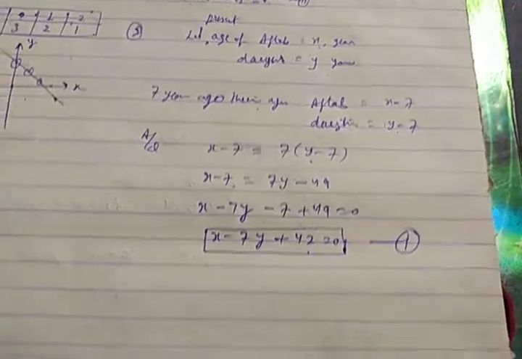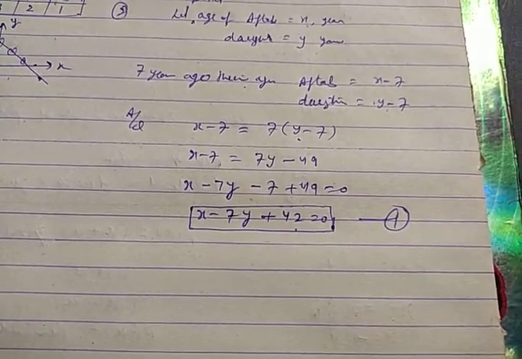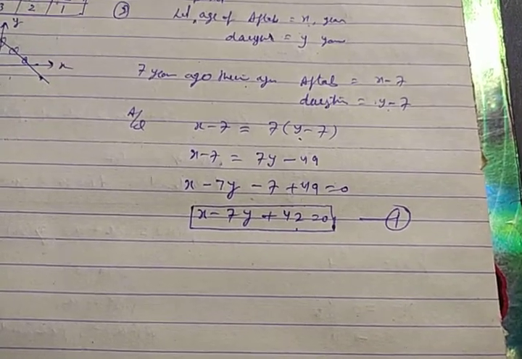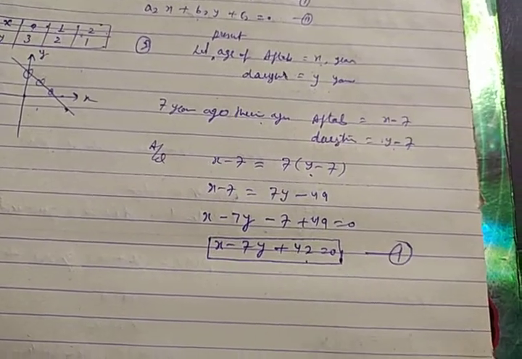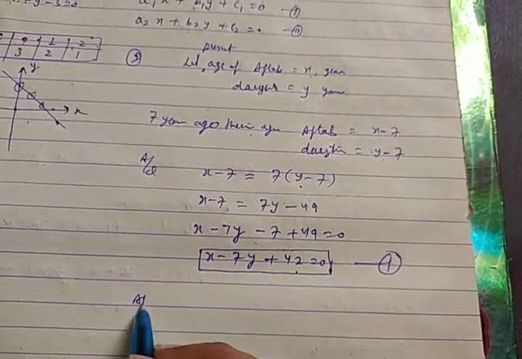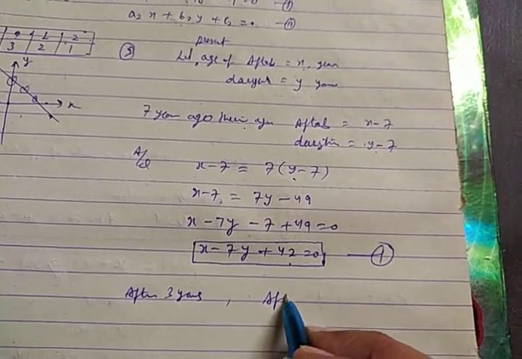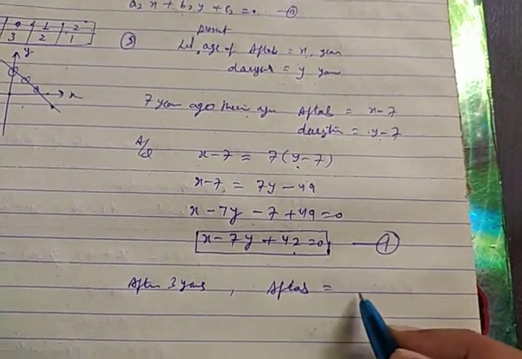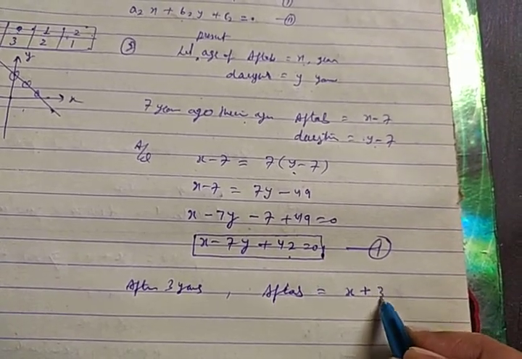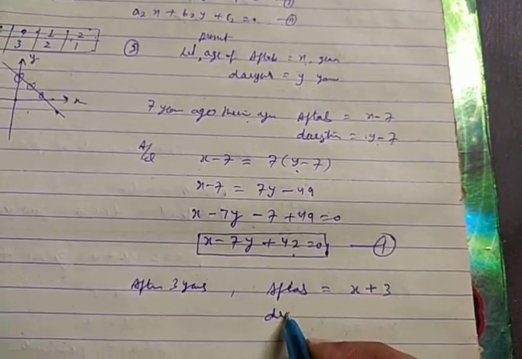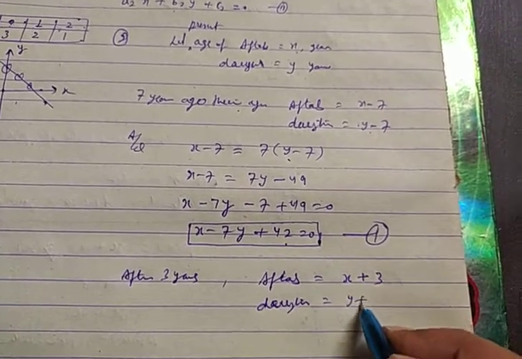In the same manner, the second condition: the question is saying 3 years from now. From now 3 years means after 3 years. After 3 years, the age is obtained by adding 3 years, so Aftab's age is x plus 3 and the daughter's age is y plus 3.